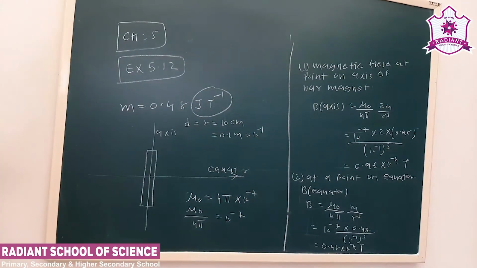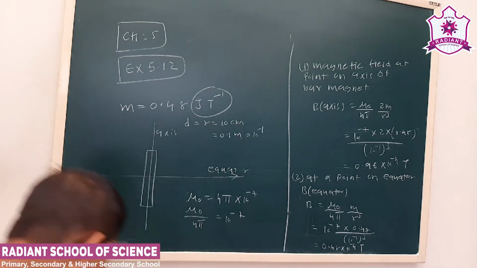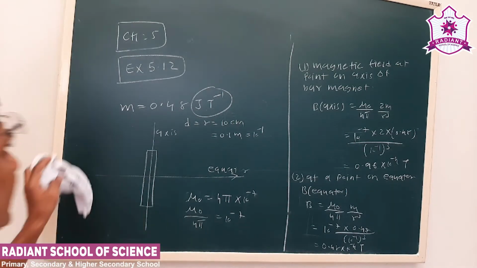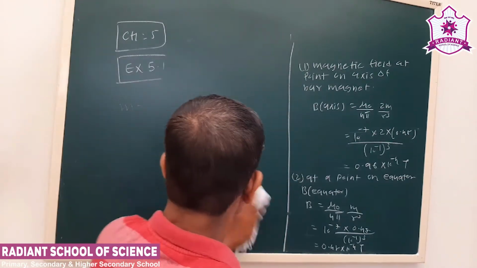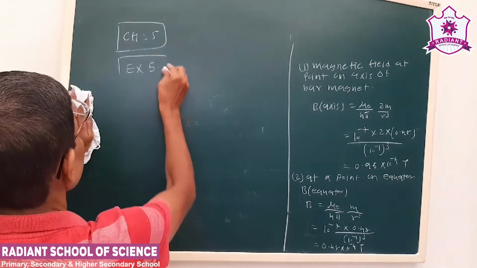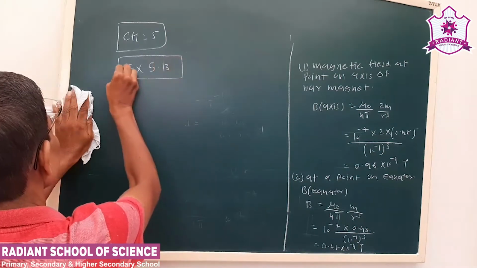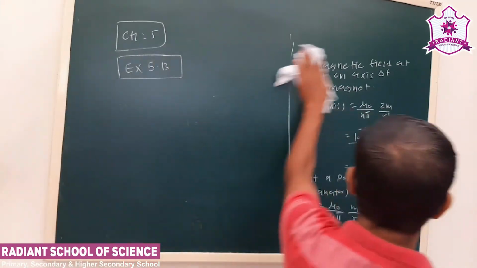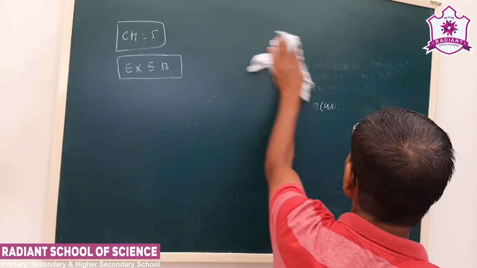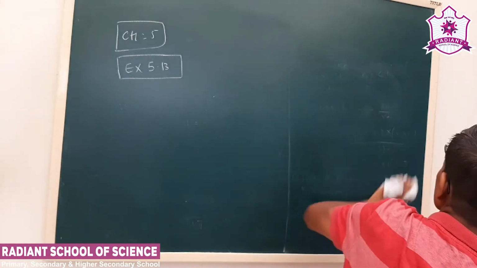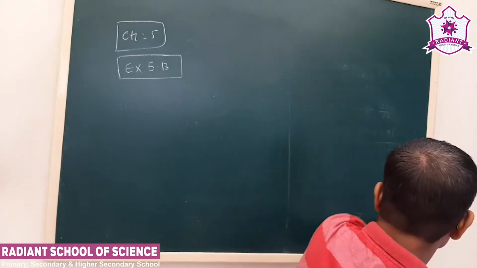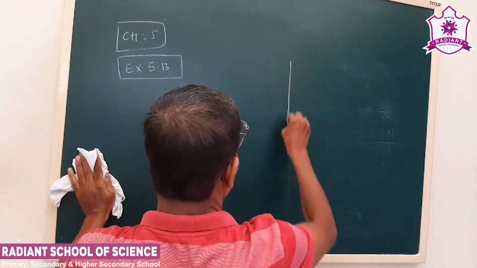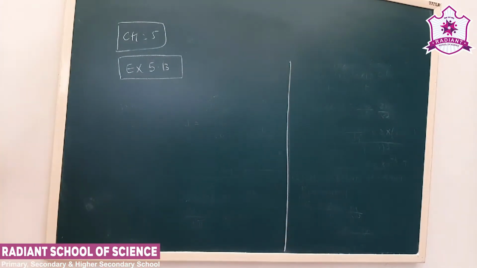So now see next, exercise number 5.30. Okay, see the question: a short bar magnet is in a horizontal plane and its axis is aligned with the magnetic north-south direction.